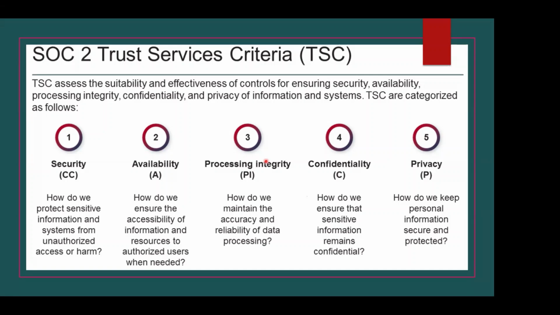And last but not the least is privacy, how we can secure our personal information. So these are the 5 basic trust services criteria, which are used to assess the suitability and effectiveness of your information security program within the organization. These are the 5 basic foundational pillars.